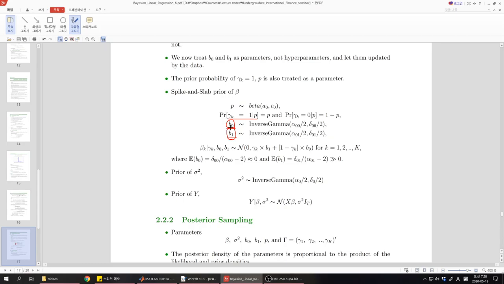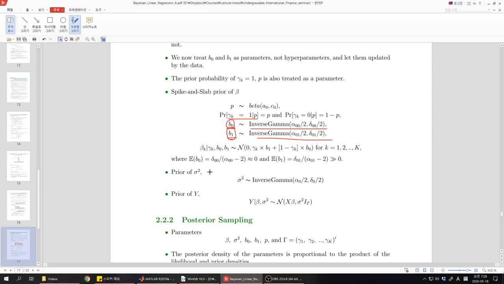The B0 and B1 are both generated from the gamma distribution, but their hyperparameters are different. This one is alpha 0,0 and delta 0,0. Here alpha 0,1 and delta 0,1.